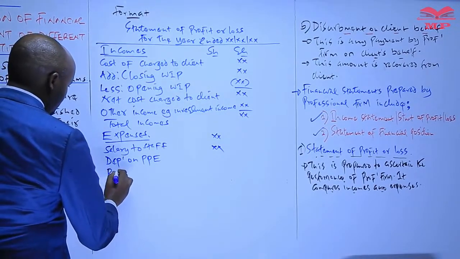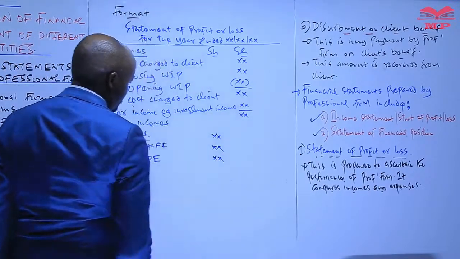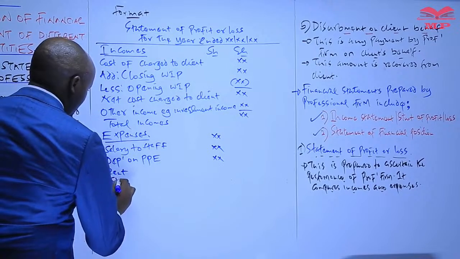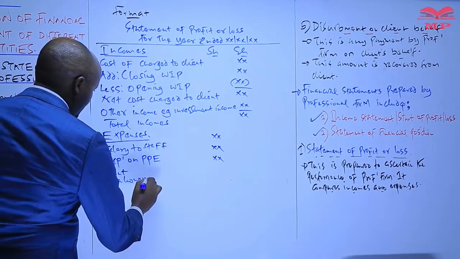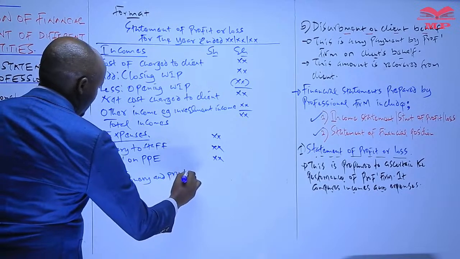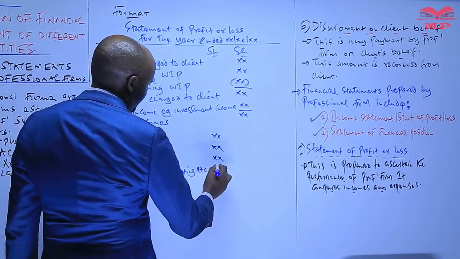Things like rent, and maybe things like stationery and printing. These also are common expenses which may be incurred by a professional firm.